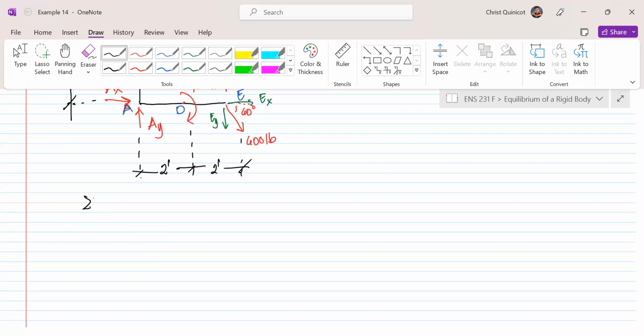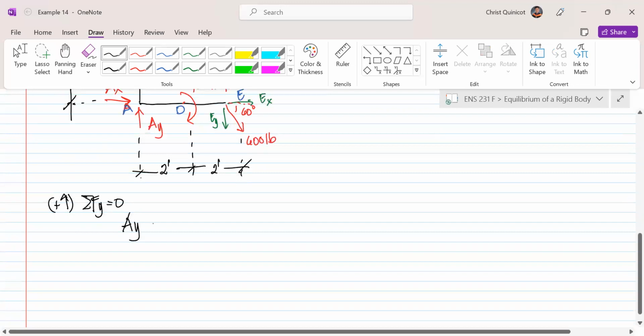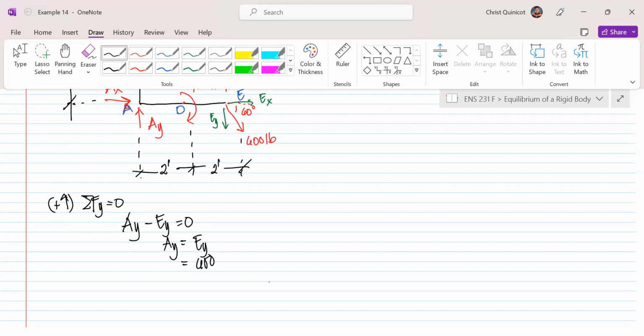Okay, so we have summation of forces y equal to 0, assuming upward positive, and that is A sub y minus E sub y equal to 0. So A sub y is equal to E sub y, and E sub y is 600. And the y component, since our angle is measured from the horizontal, is 600 sine 60 degrees.